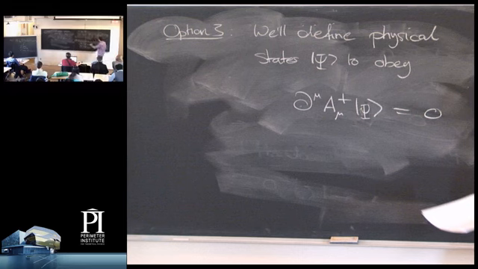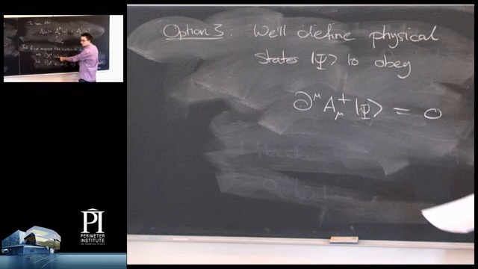Okay, so the Lorentz condition had 2 pieces. It was this piece with the A minus, which meant the vacuum didn't survive the option 2 condition. So now we just impose this first bit.